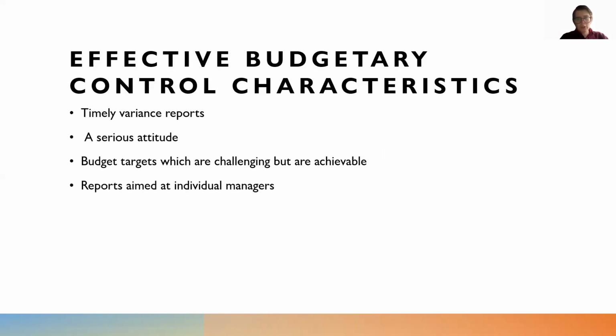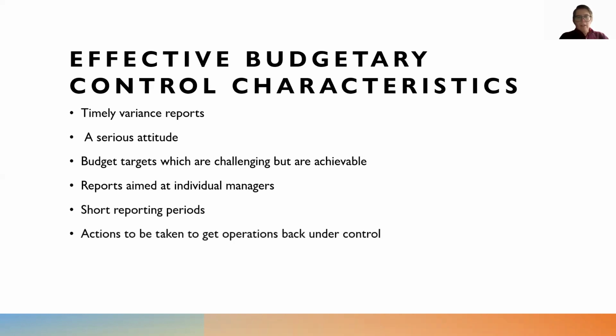There should be reports done aimed at individual managers in short reporting periods. It is also going to be needed that operations are taken back under control if there is an issue with it, and therefore the appropriate actions must be put in place or must be sought in order to achieve that.